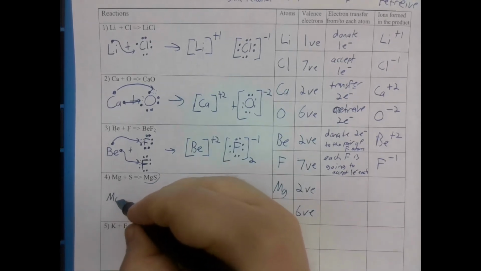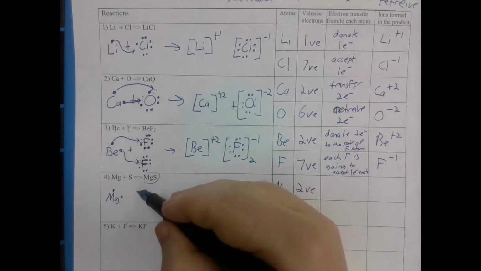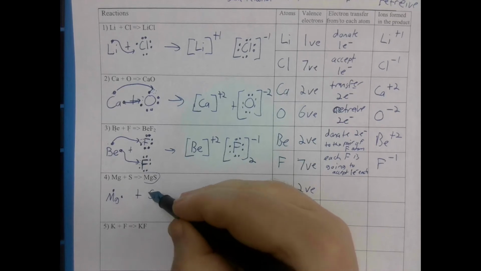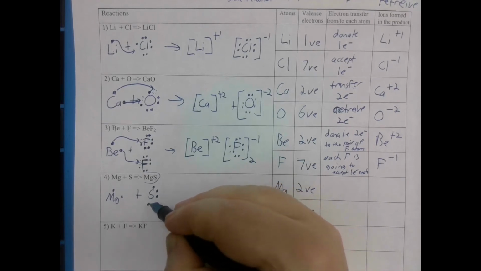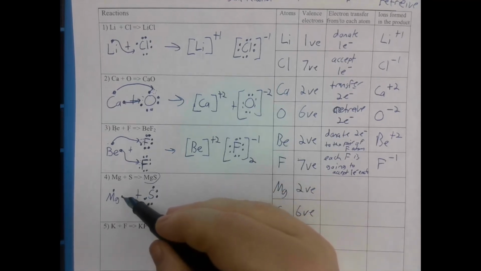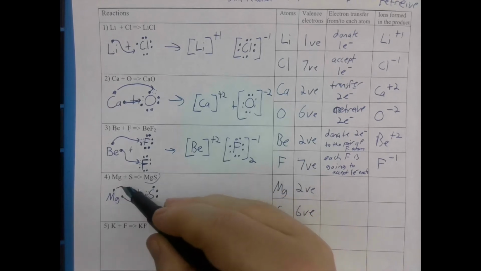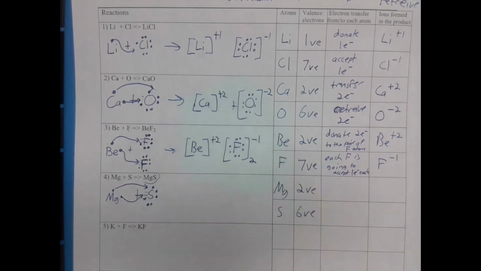So magnesium has 2 dots. And sulfur has 6 dots. So one of the electrons can come over here to fill this gap. And one of the electrons can come over here and fill that gap.